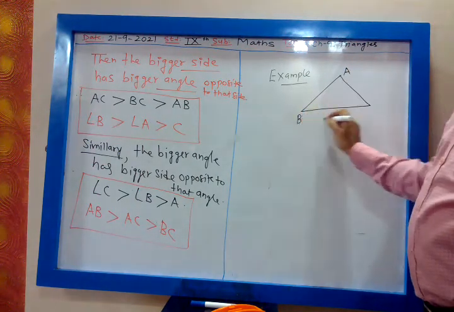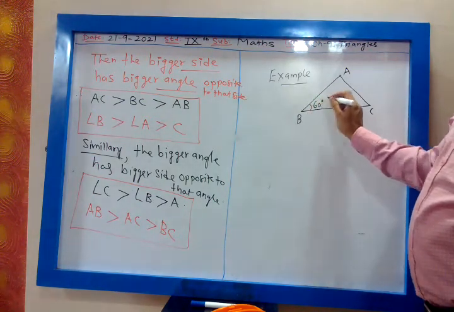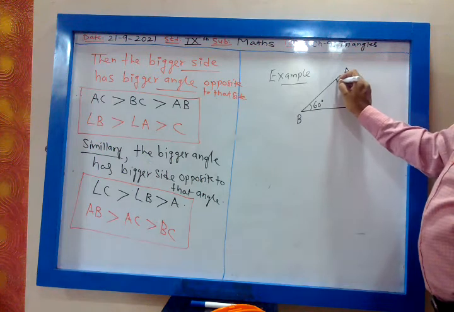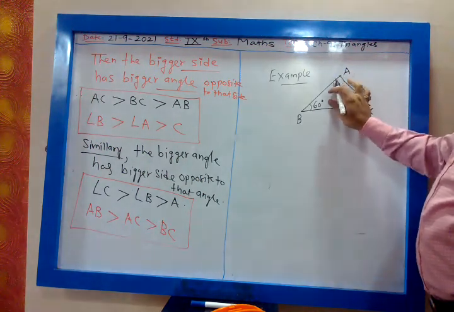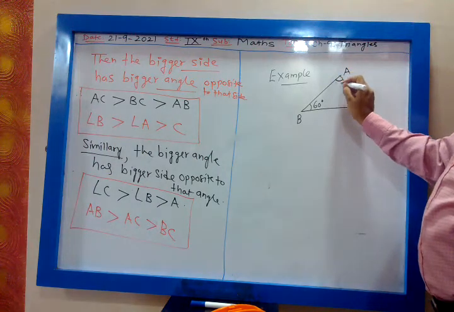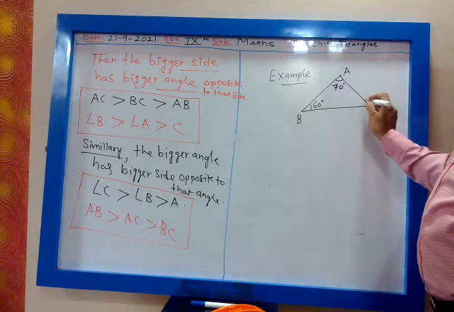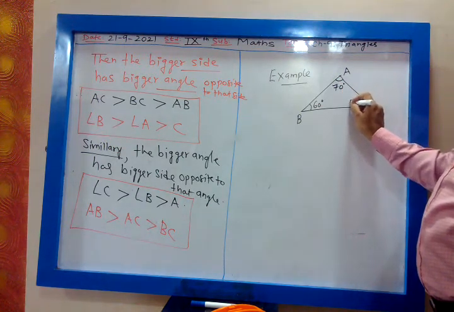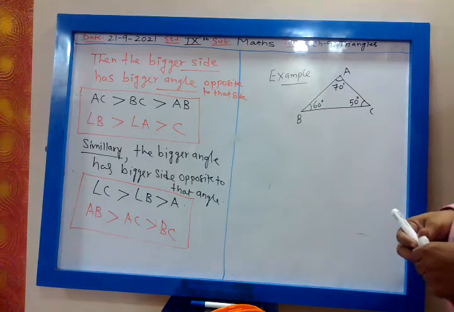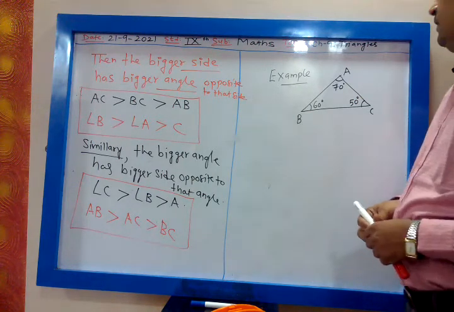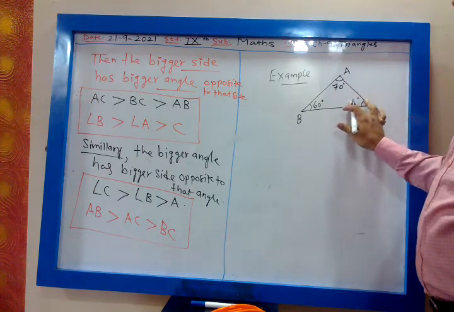B is 60 degrees, A is 70 degrees, and C is 50 degrees. Can I take 40 degrees? Tell me.